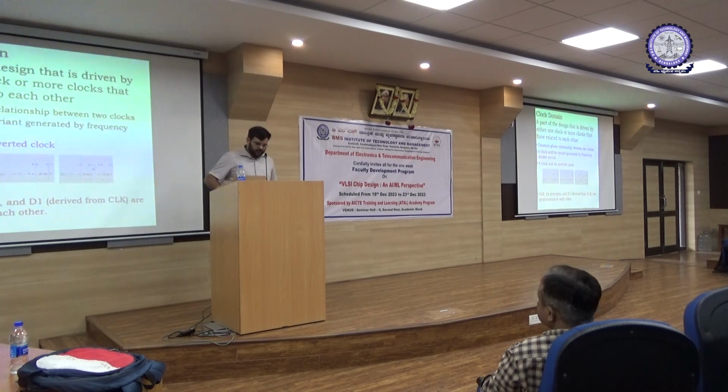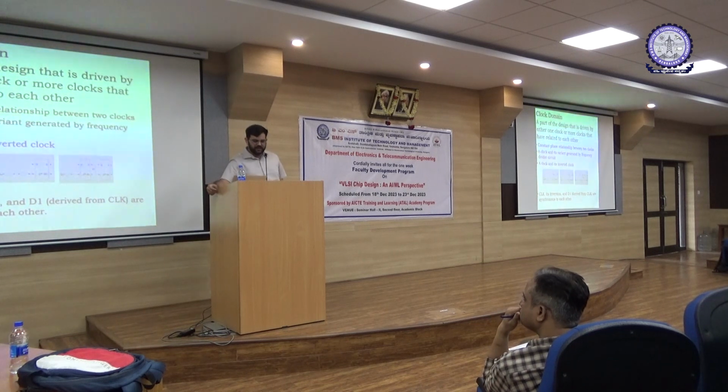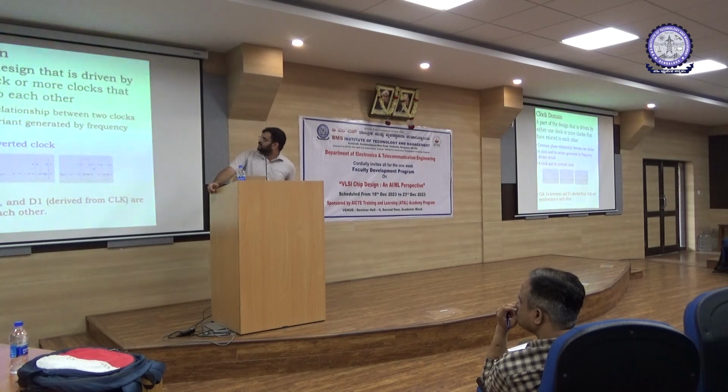So now, when I say clock domain, I will be using this term more and more, right? I have mentioned a few diagrams here. One particular clock is driving a set of cells, or a set of instances or flops.